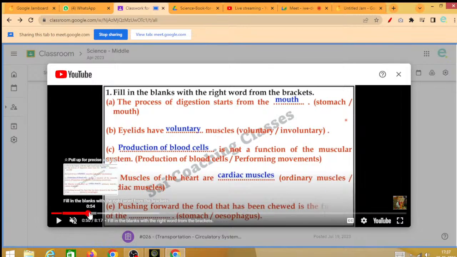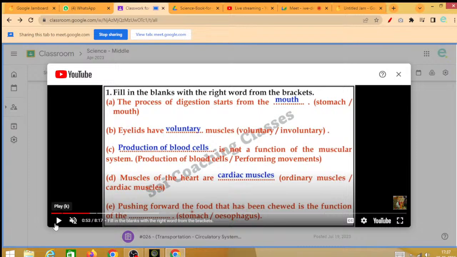Pushing forward the food is the action of the esophagus. Esophagus. Very good.